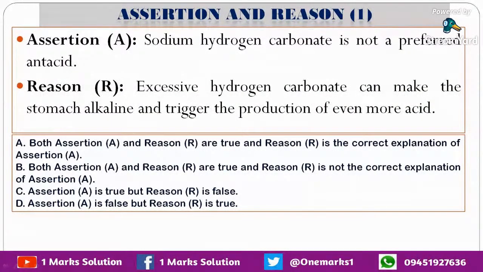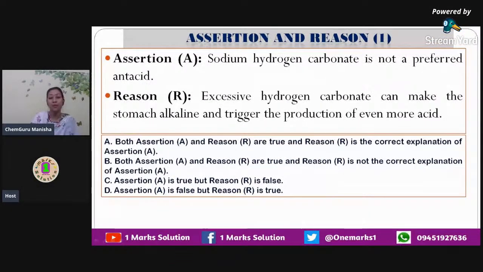The first statement for this chapter is: sodium hydrogen carbonate is not a preferred antacid. This is true. Sodium hydrogen carbonate is NaHCO3. Antacids are those substances which help in relieving the excess amount of acid that is formed in your body. Hydrochloric acid is continuously formed in your body.